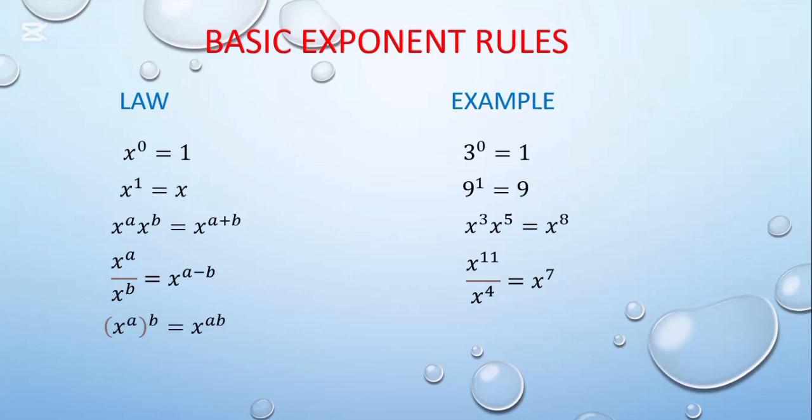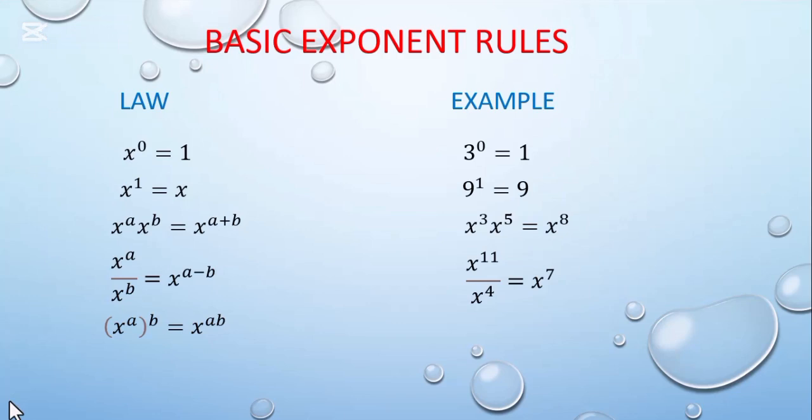Then the next is the power of a power rule. However, for this one, what you are multiplying is the powers. In this rule, you are multiplying the powers. Then it means we have x to the power of a, all to the power of b.